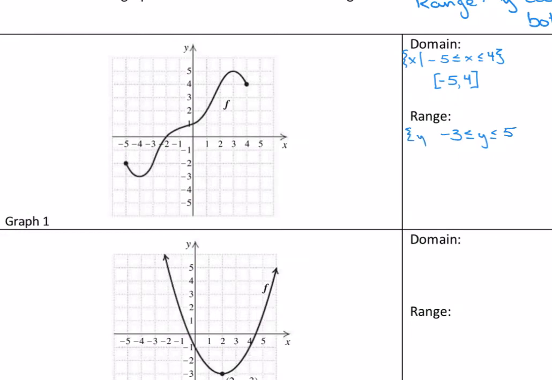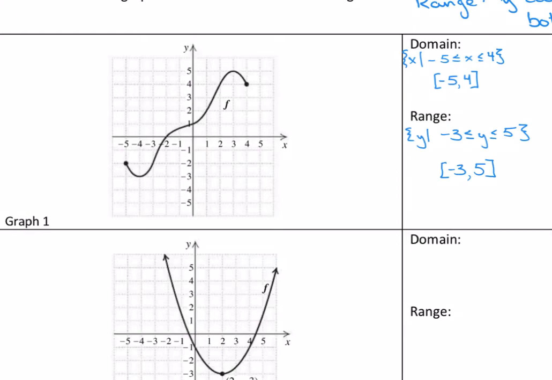To finish off my set notation, I'm going to include my squiggly brackets, my y, and my little bar. Okay, interval notation. If we wrote this in interval notation, this is just going to be -3, 5, and they are both going to have brackets.